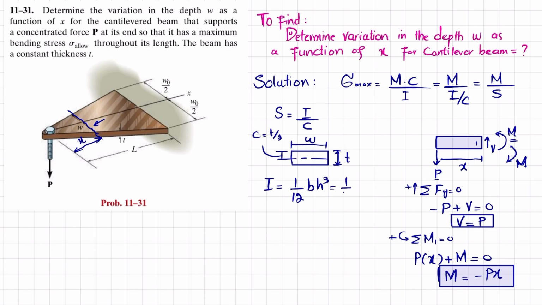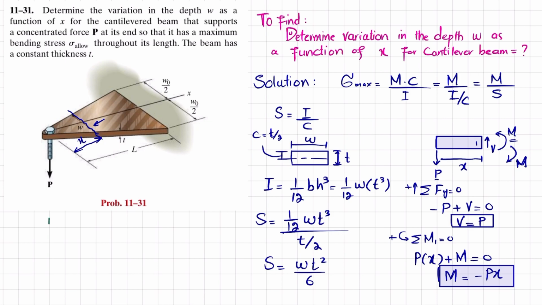So 1 over 12, b is W and h is T cube. And c is T divided by 2, so you can just put it over here. So S is equal to 1 over 12 W T cube divided by T over 2. When you simplify this, you will get the section modulus equal to W T square over 6.